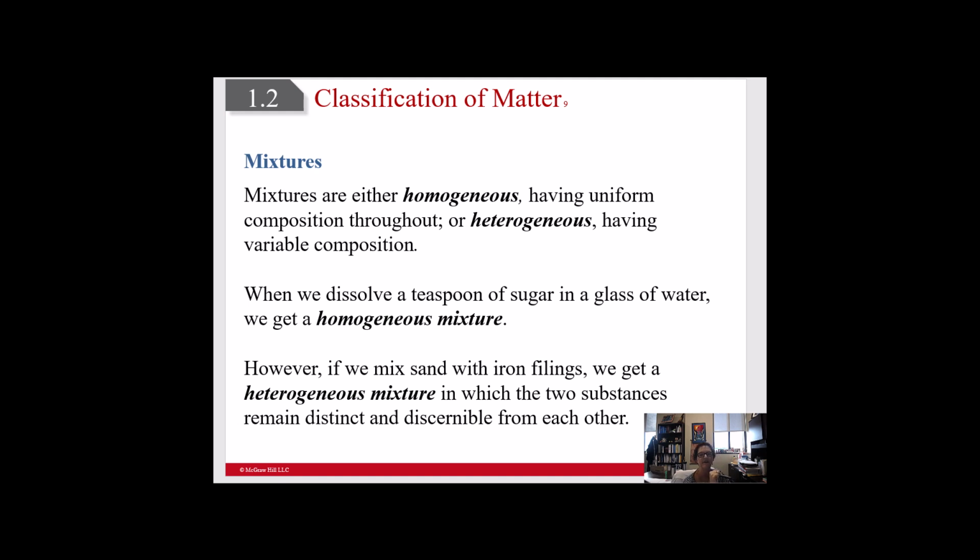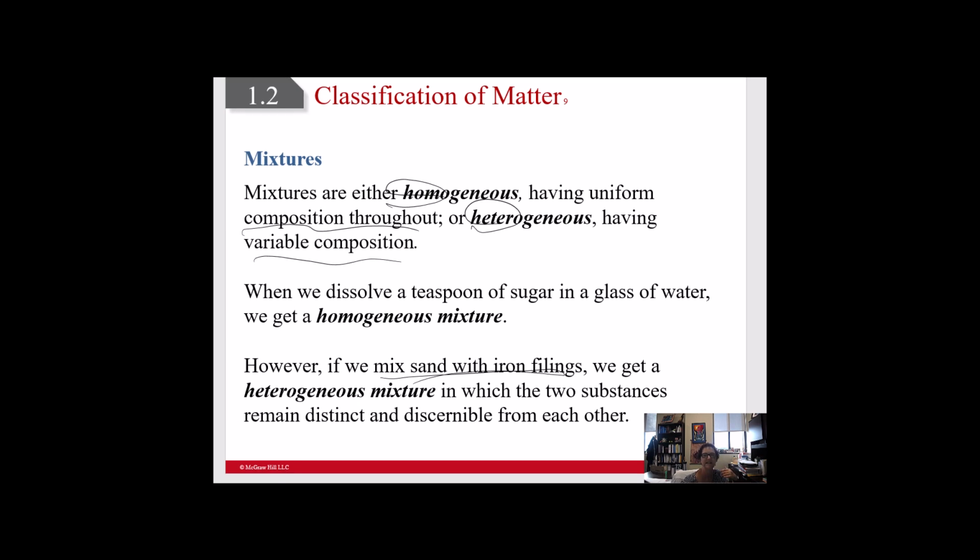So mixtures can either be homogeneous or heterogeneous. Homogeneous means they're having the same composition throughout, whereas heterogeneous, they have a variable composition. So you could see different things depending on where you took a sample. Okay, so a heterogeneous mixture is like if you mix sand and iron filings together, and you can't really get an exact mixture together. Like they're going to be different if you pulled a sample from different places.